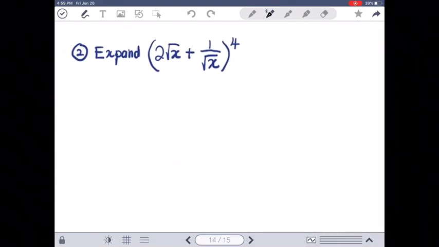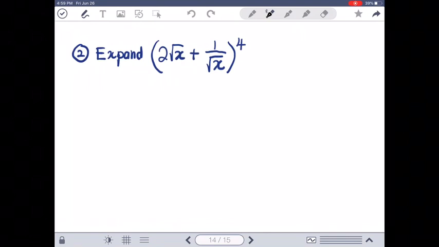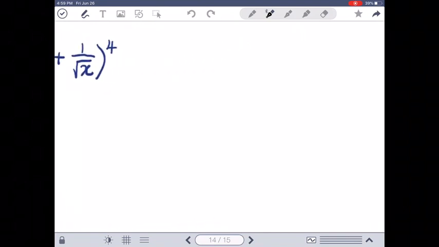Now, let's have a look at this question. Expand these binomial terms.